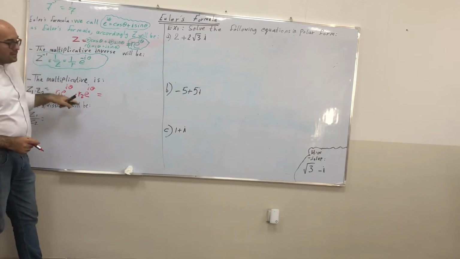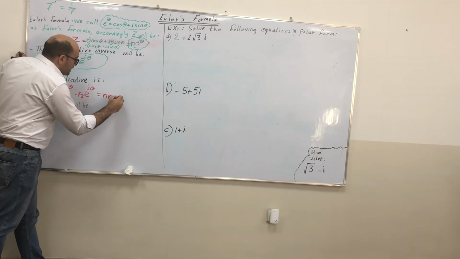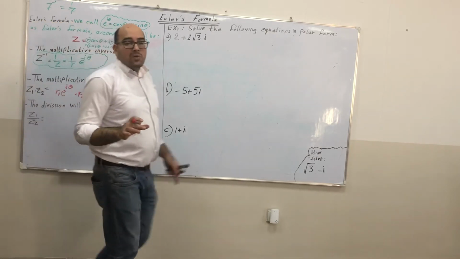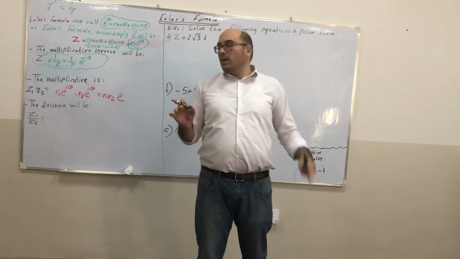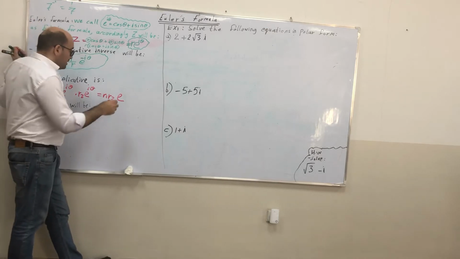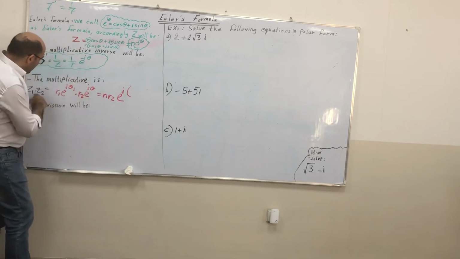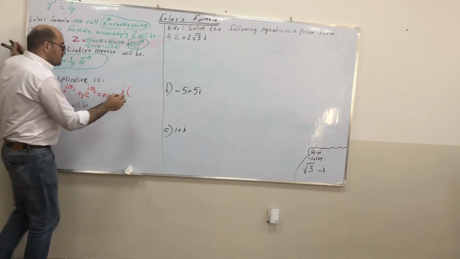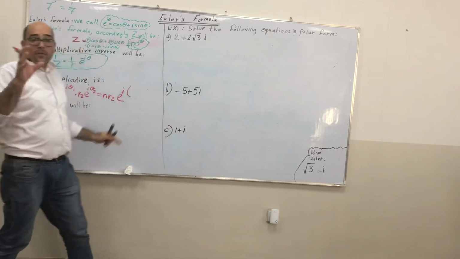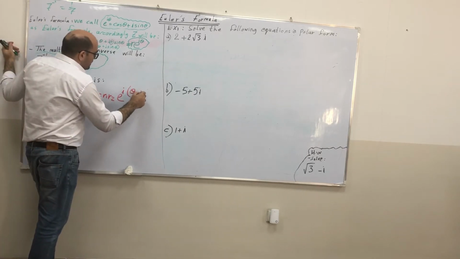As you see here, r1 times r2 is r1 r2. This is the exponential function, and when we multiply, we have to add the powers together. So, as in simple mathematics, the result will be r1 r2 times e to the power of i, and we have here theta 1 for z1, theta 2 for z2. So I take i outside because i is in both z1 and z2, but the angle is different. It is going to be theta 1 plus theta 2.